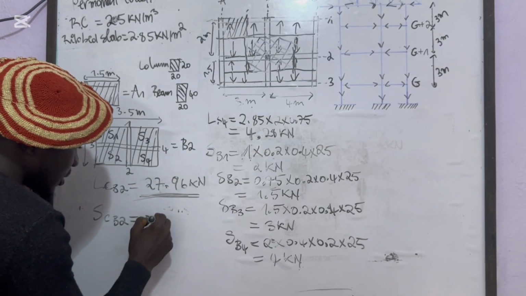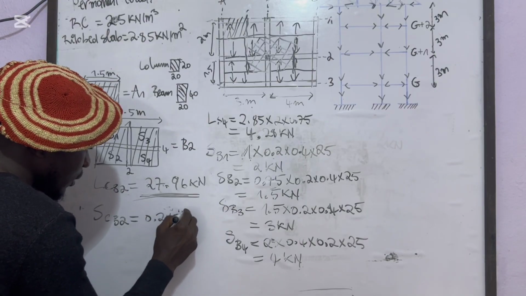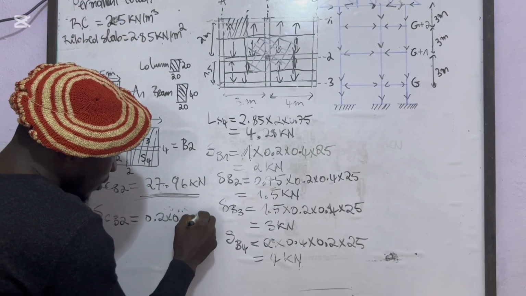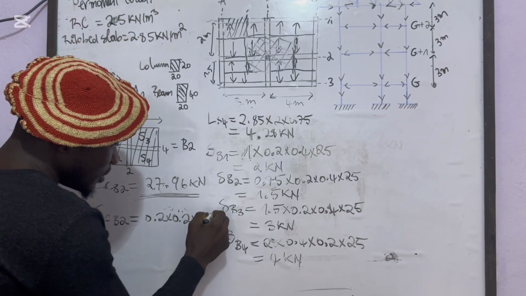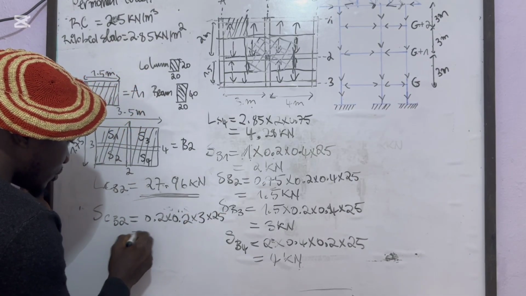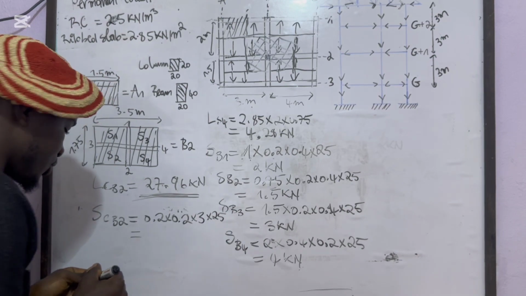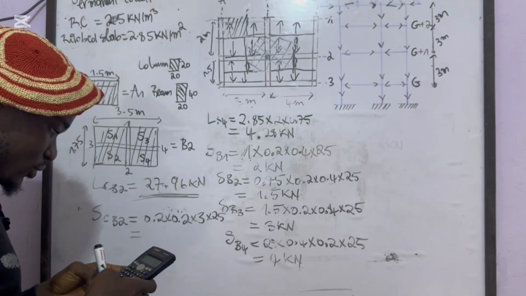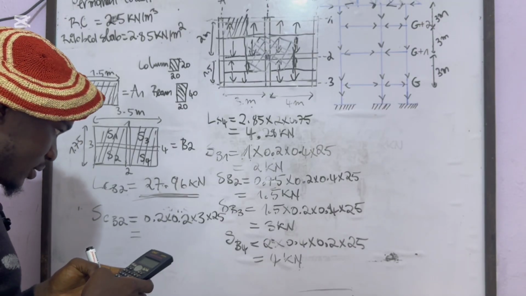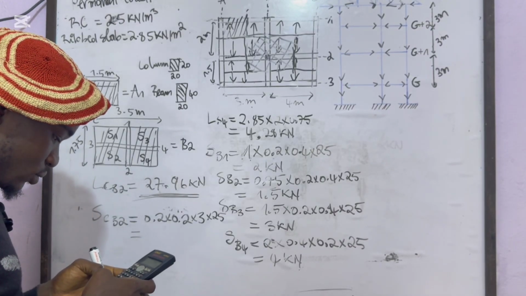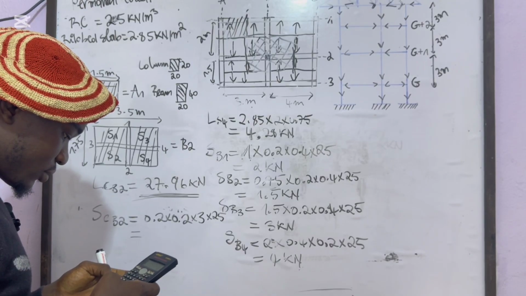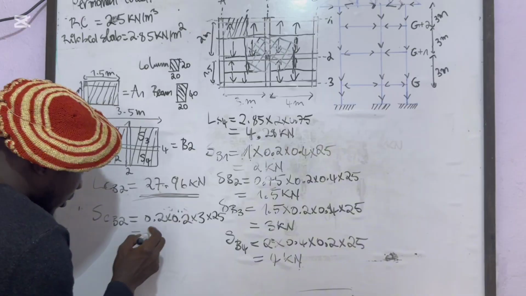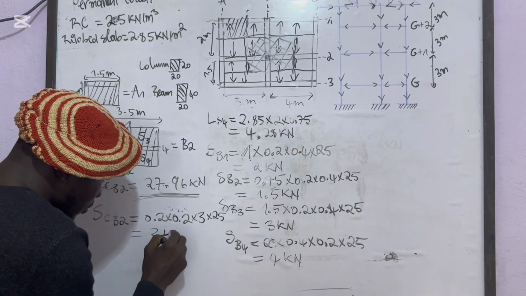We have the cross section 0.2 times 0.2, the floor to floor height, which is 3 meters, times the weight of the reinforced concrete, which is 25 kilonewton per meter cube. We punch it quickly: 0.2 times 0.2 times 3 times 25. That gives us 3 kilonewton.